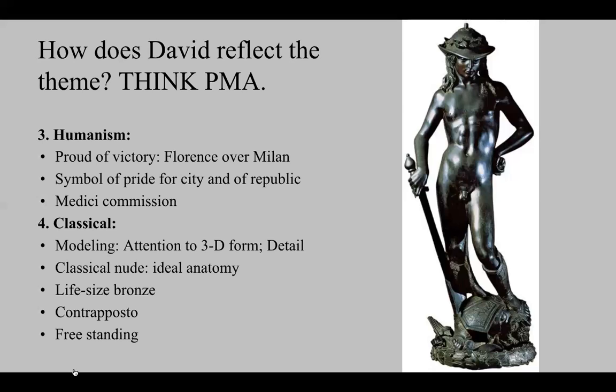And so this idea of young, small David becomes a symbol of Florence. If you remember when we talked about the rise of the Renaissance in Florence, we have not just the resurgence of classical study and this rebirth of classicism. We also have this concept of humanism being developed because the smaller city of Florence was able to defeat a much more powerful and much richer city of Milan.